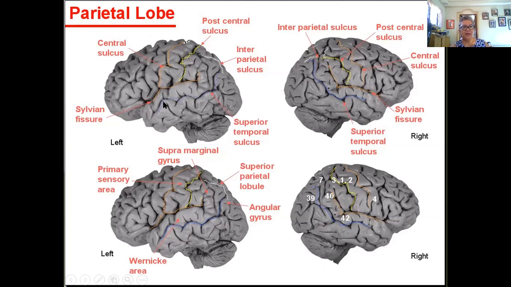But if that area is still within your Sylvian fissure, you can be sure that it is your temporal lobe still.